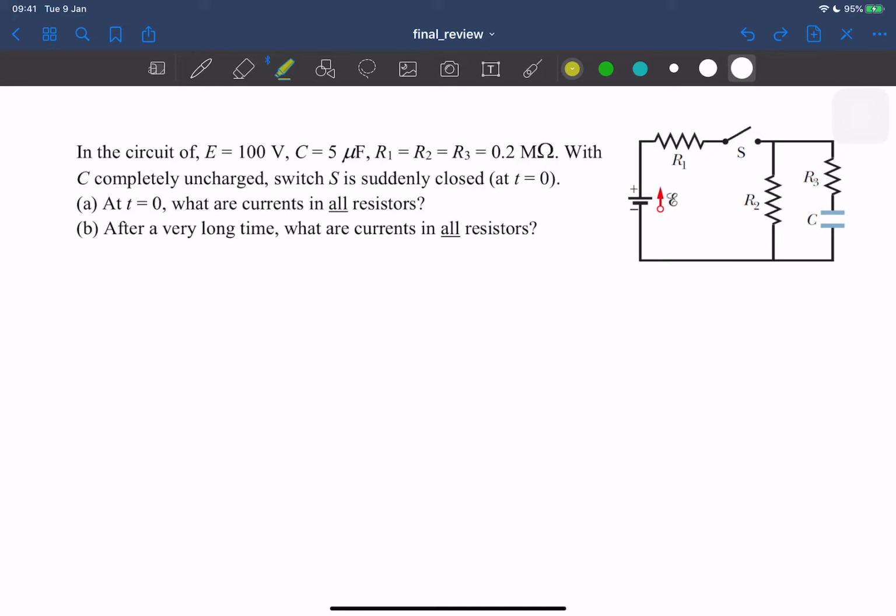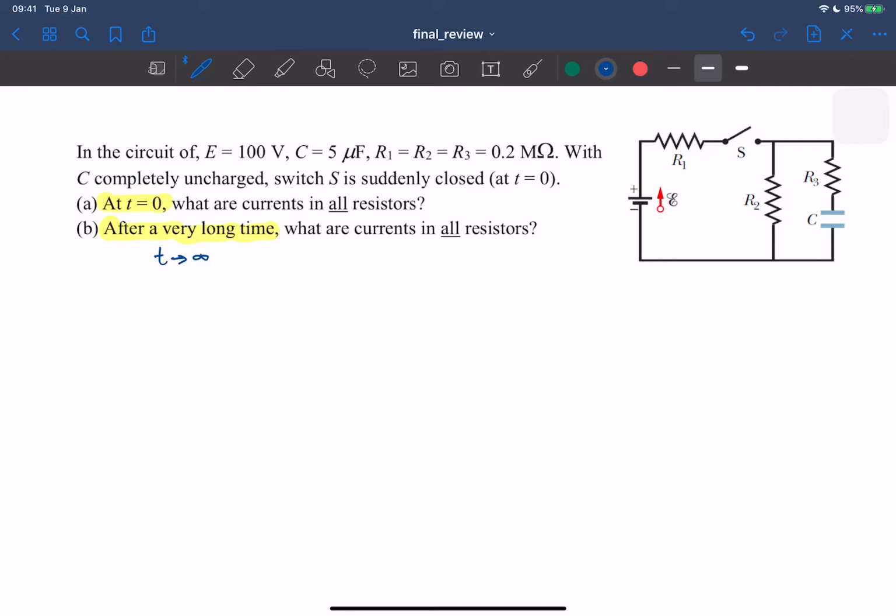What is asked is, at t equal to 0, what's the current? After a very long time, mathematically when t goes to infinity, what's the current in all resistors?